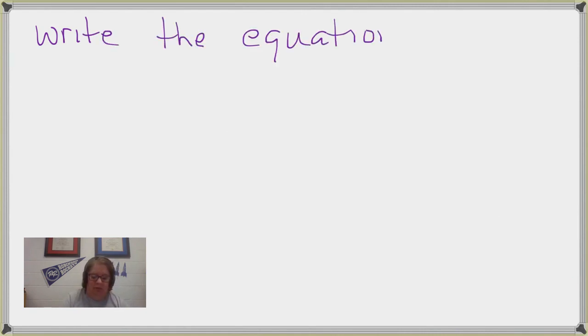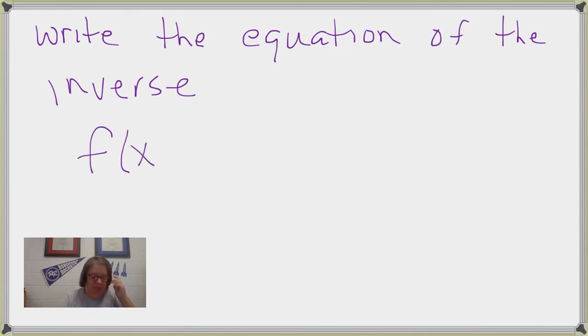Let's just make one up. Okay. So what if I have the same directions, write the equation of the inverse? So let's say I have an equation of f of x equals 2x plus 7.